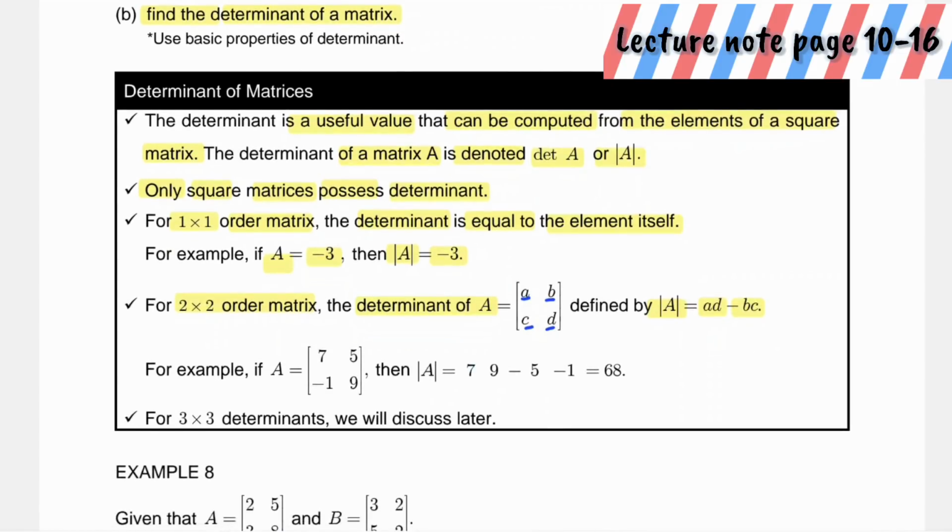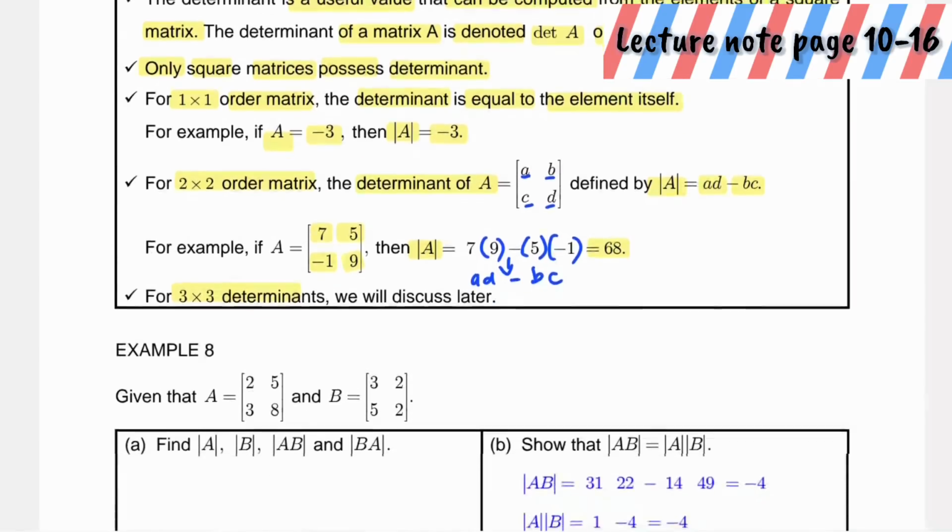For example, if you are given the matrix A, which consists of the elements 7, 5, -1, 9, then the determinant of A is equal to 7 times 9 minus 5 times -1, following the formula of ad minus bc, which will give you the answer of 68. For the 3 by 3 determinants, we will discuss later on.